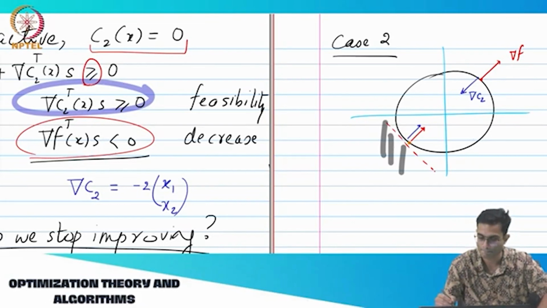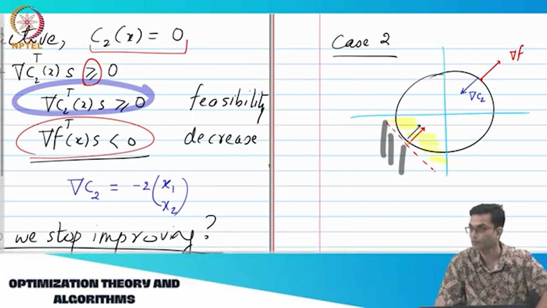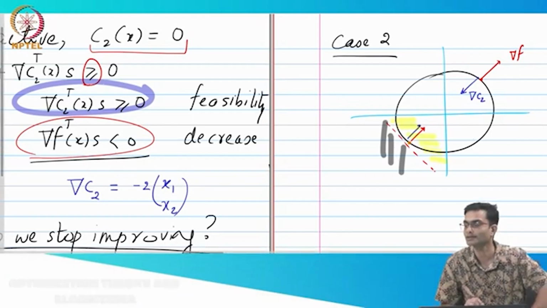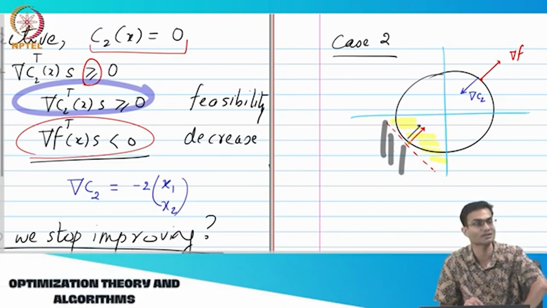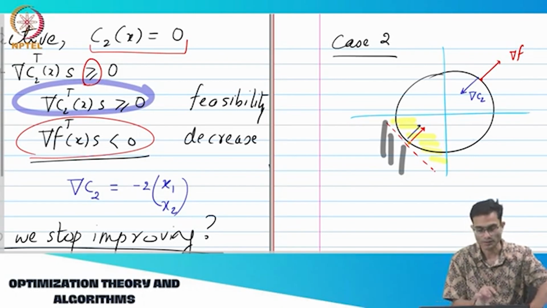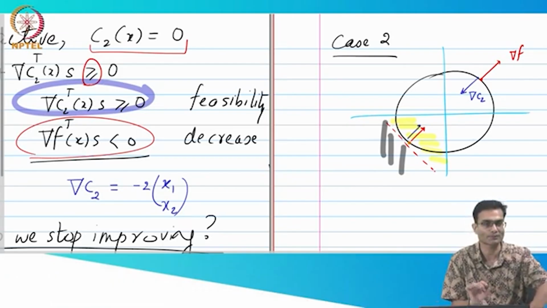That means where am I? Here. Is there any intersection? There is no intersection. The inequality is strict. Grad f transpose S is strictly less than 0. There is no intersection, right? So these together seem to be capturing it.